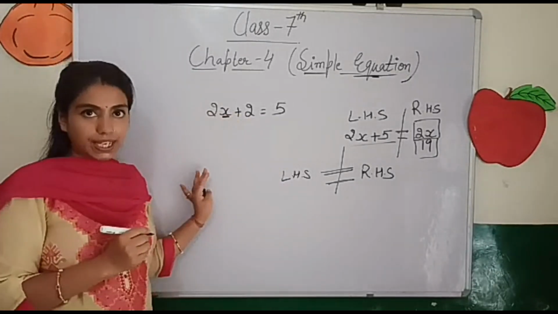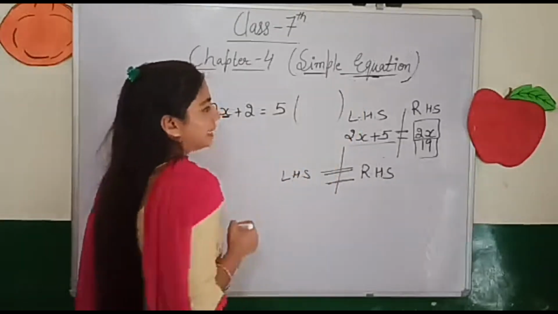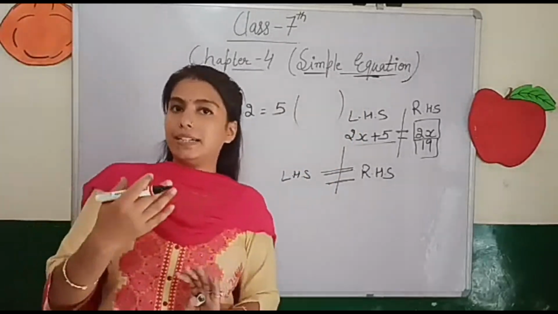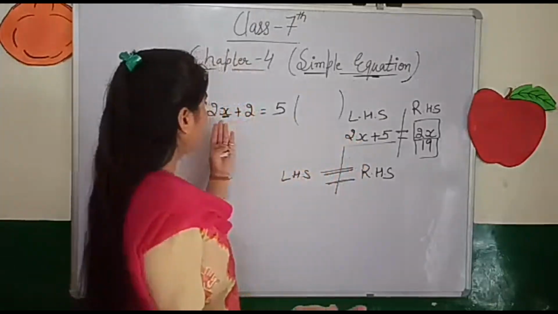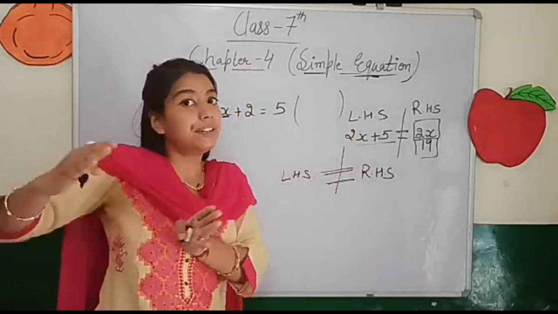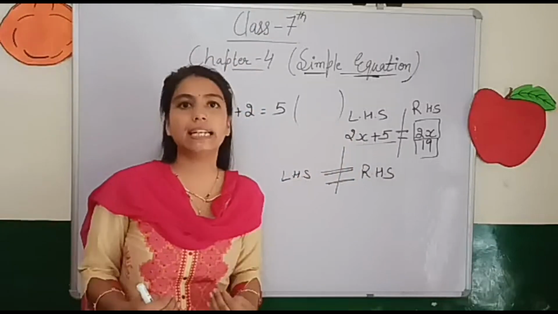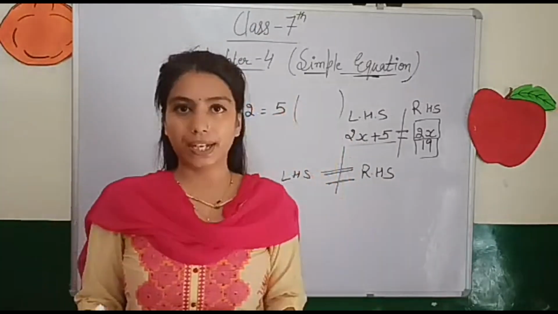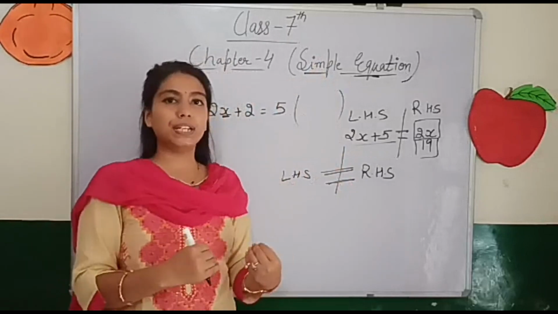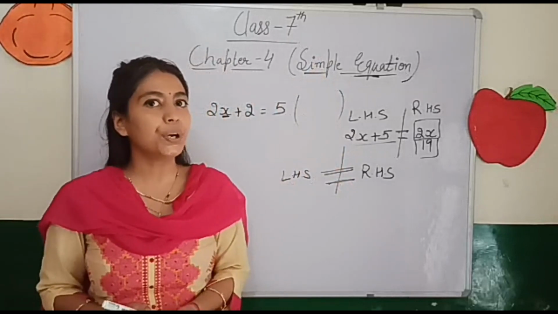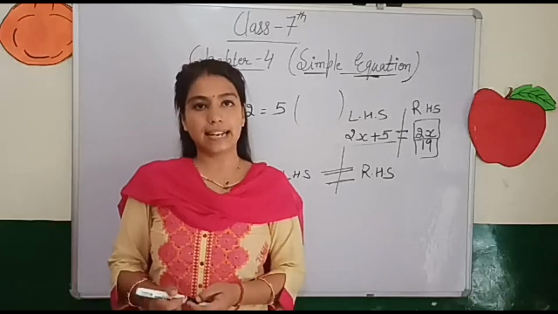Every time, either the value of the variable will be given to you in brackets, or you will put the value of x yourself by the hit and trial method, which we will deal with in exercise 4.1. That is why we are introducing trial first, so that it will be easy for you to do the exercise questions.